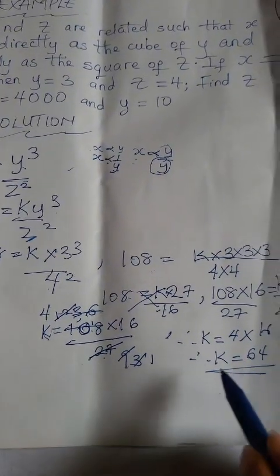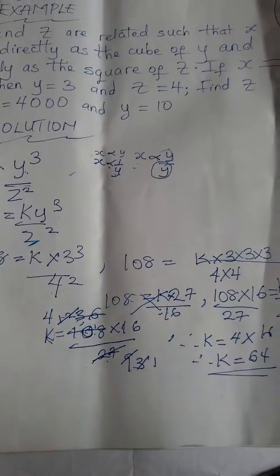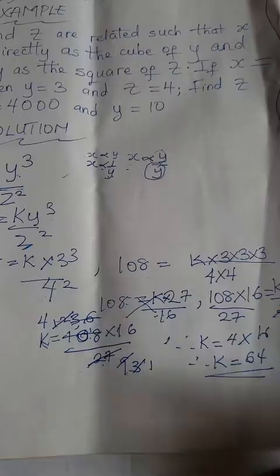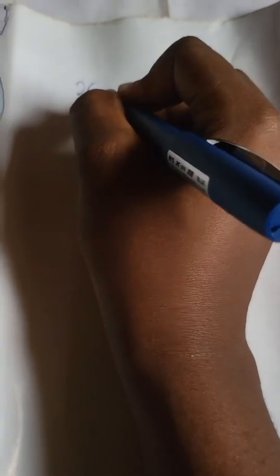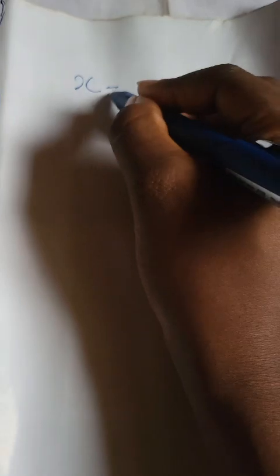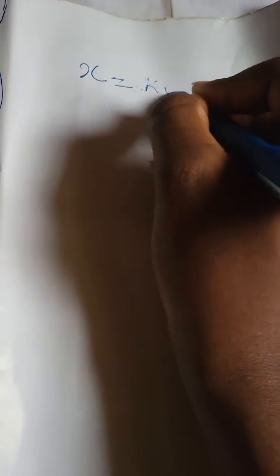So let's move on. Since we've gotten our k, as usual, let's find the formula connecting them. So the formula connecting them, from the equation x is equals to ky cube over z squared.